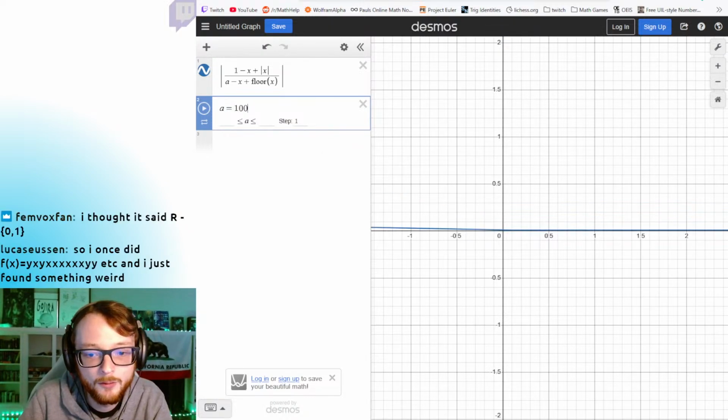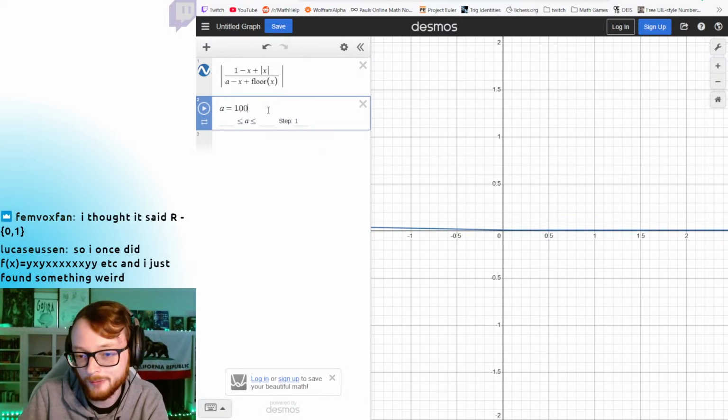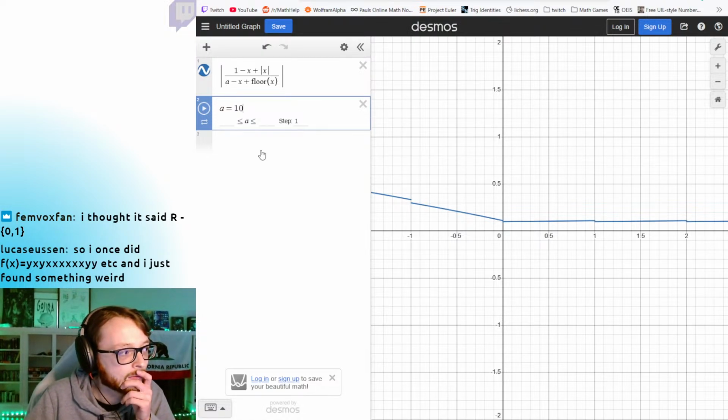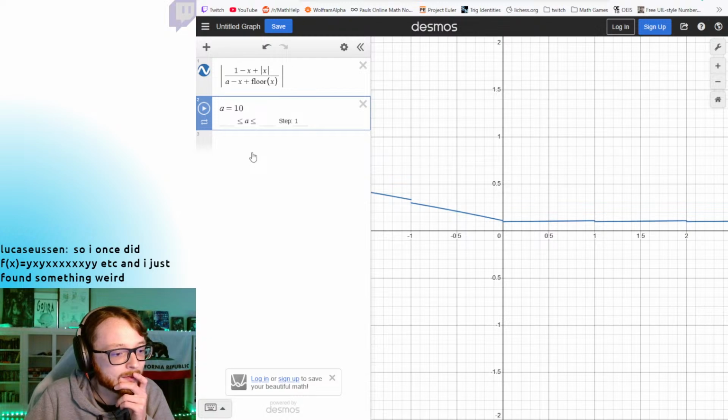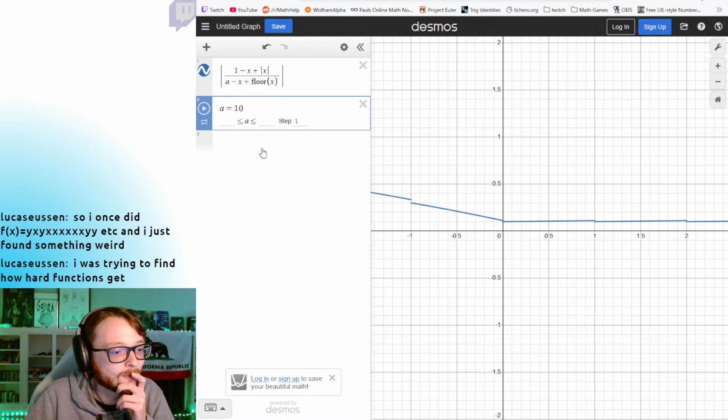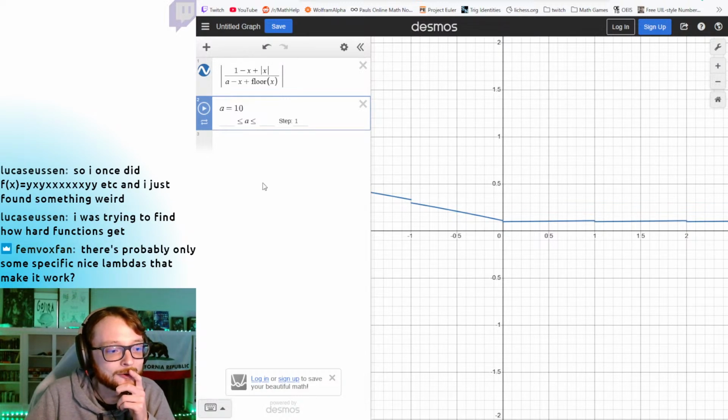Or maybe 1. No, okay, so for large enough lambda, they'll go to 0. Yeah, that's a weird function, Lucas. Some specific nice lambdas that make it work? Maybe.